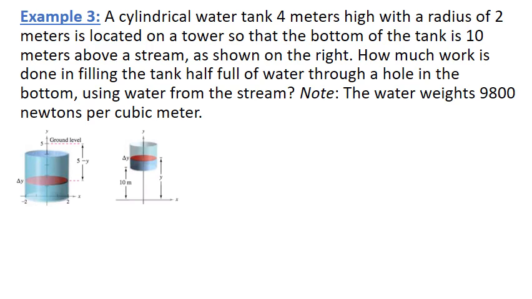So we're going to find the volume of this disc or cylinder. Recall the volume of this cylinder is pi times the radius squared times the height. And we know that the radius is 2 meters and the height is something we don't know.